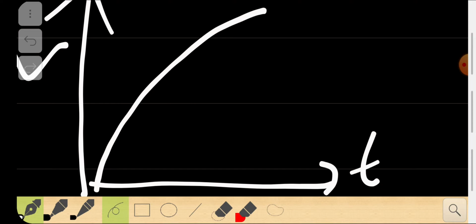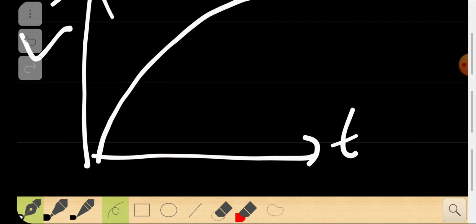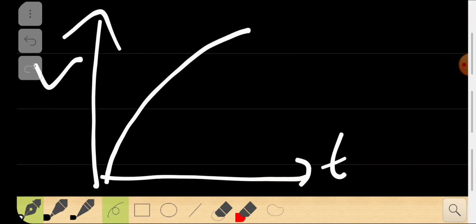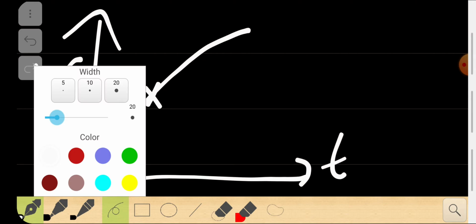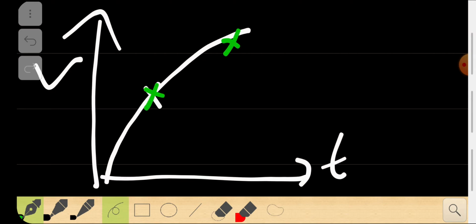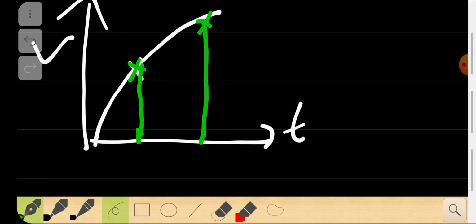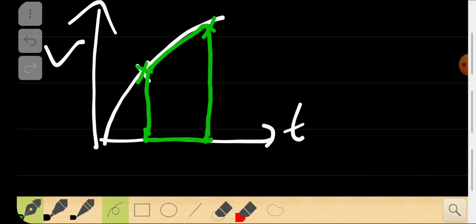If you want to integrate, you can fix a point. Let this be one point and this be the other point, and you can draw a perfect surface around it. You need to find out the area within this region. That's what you need to find out.